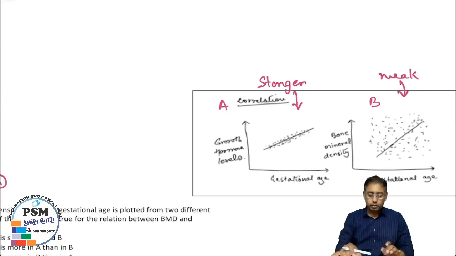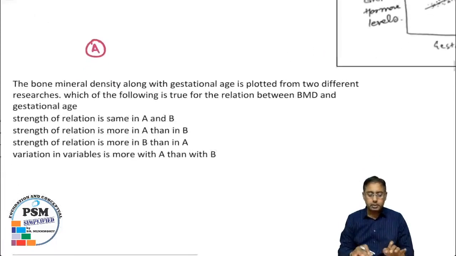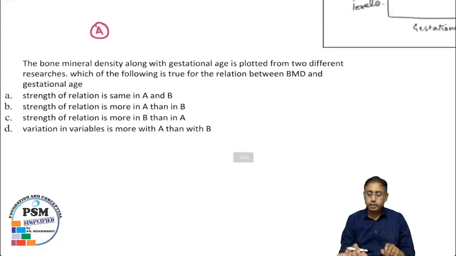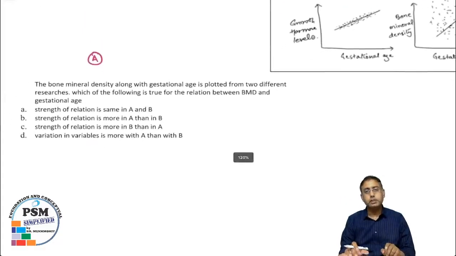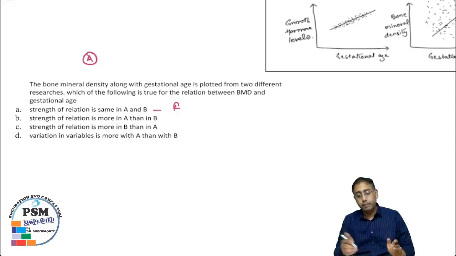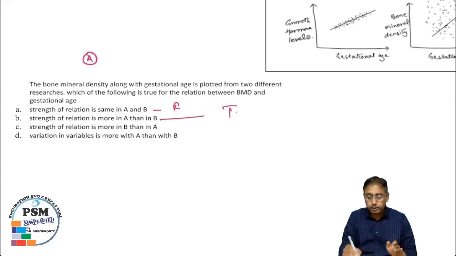Okay. So if you understand this, now let us come to the MCQ. The bone mineral density was plotted in two graphs. Strength of relation is the same in A and B. Strength of relation, as you can see, is not the same. This is false. Strength of relation is more in A than in B. This is a true statement.